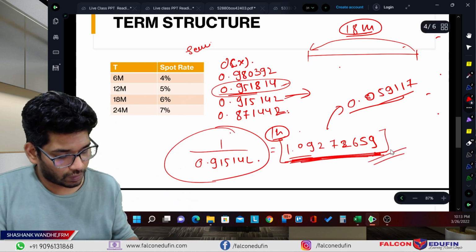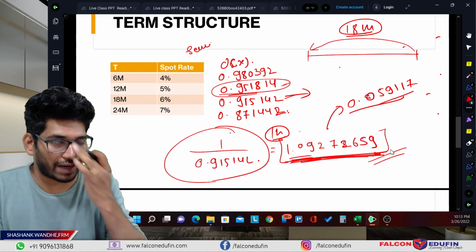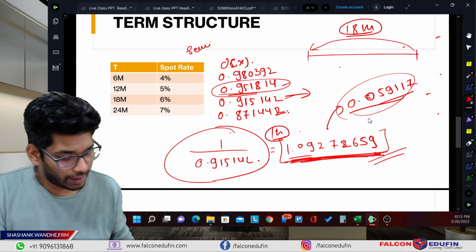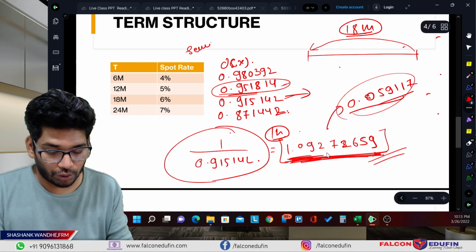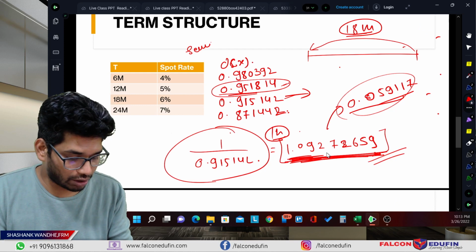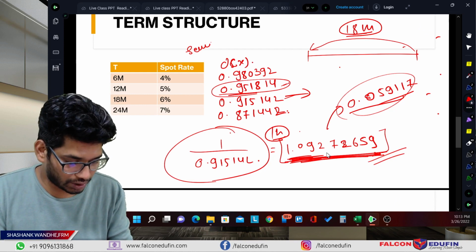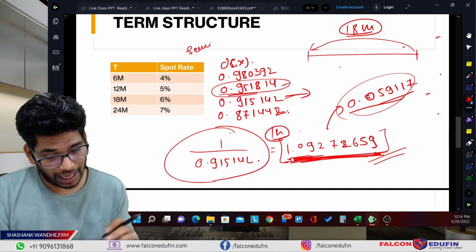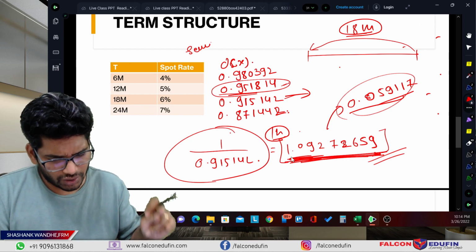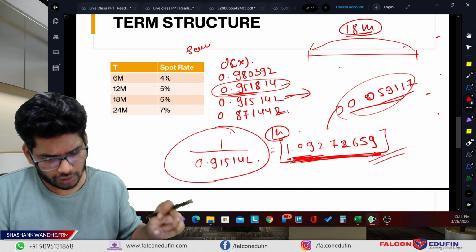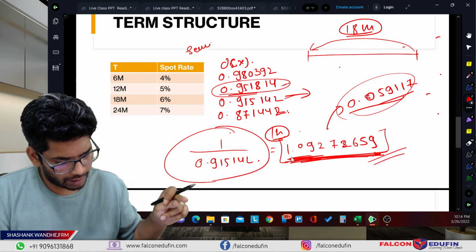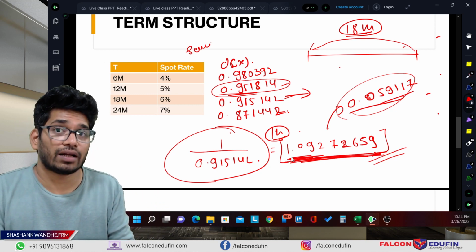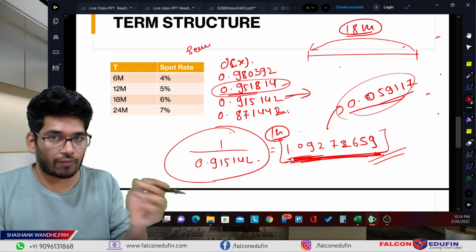Now, a better approach if you want to calculate the term. What we did here is we divided by 1.5 directly. If you want the precise, accurate calculation, ideally you should do this: take 1.0927269, the result, then press ln, then divide by 3 instead of 1.5.